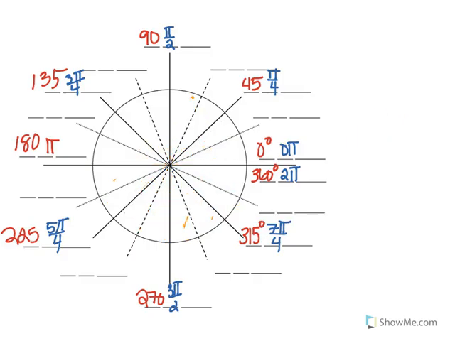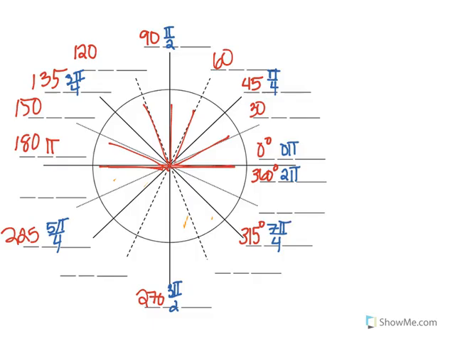Alright, next thing we're going to do, let's count by our 30-degree lines. 30 degrees are so easy to count by because it's the same as counting by 30s. So 30, 60, it will hit 90. So that is a common line for both 45s and 60s. So 30, 60, 90, 120, 150, and 180.